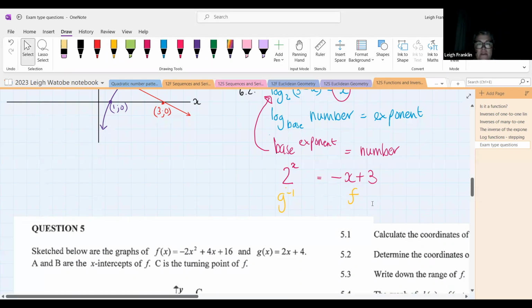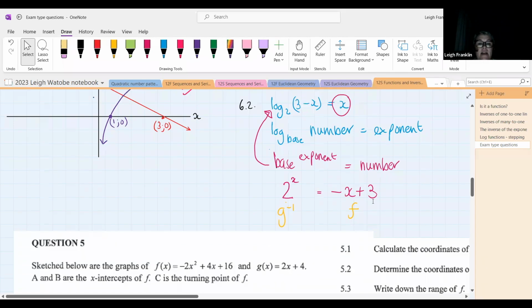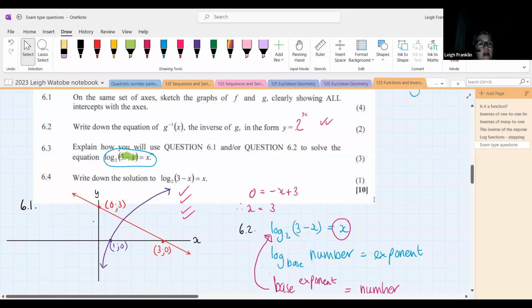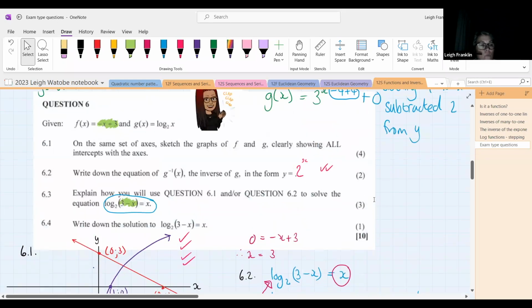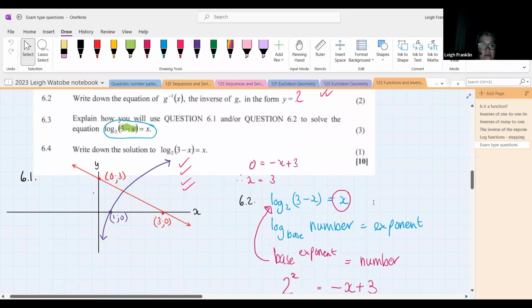Okay, so f is the graph minus x plus 3, and 2 to the x is the inverse of g. That's how we would explain how we're going to use questions 6.1 and 6.2. So 6.2, we're using the inverse of g. 6.1, it's the graph of f.